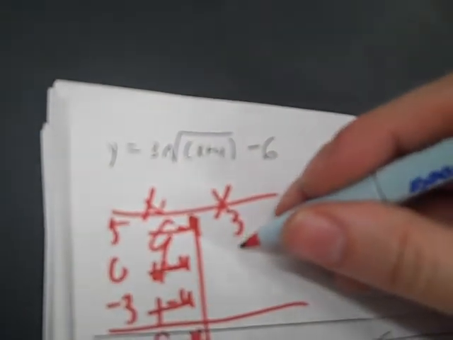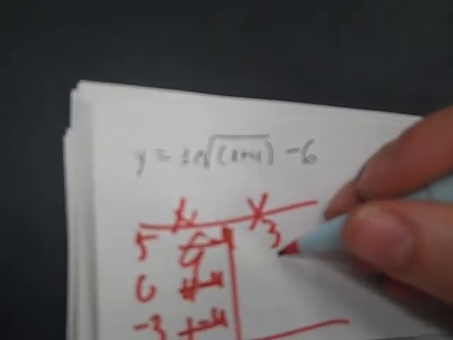So I go 3. Second. Square root. And then 5 plus 4. And then minus 6. Okay, that's 3. Okay, putting a 0 in for x will give me a 0, I guess. Let me do that in my head a second.